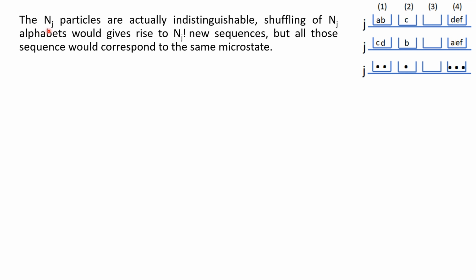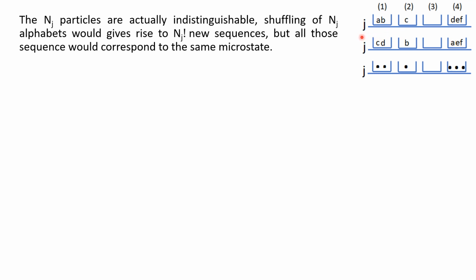Now, the Nj particles are actually indistinguishable, and shuffling of the Nj alphabets would give rise to Nj factorial new sequences, but all those sequences would correspond to the same microstate. For example, in the previous slide, the shuffling has given this new microstate.